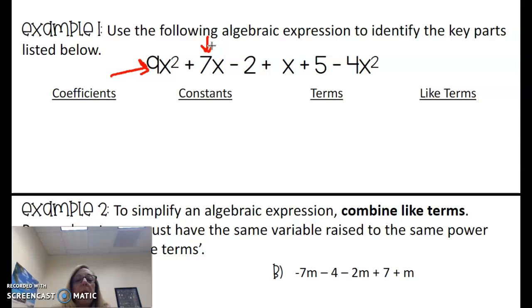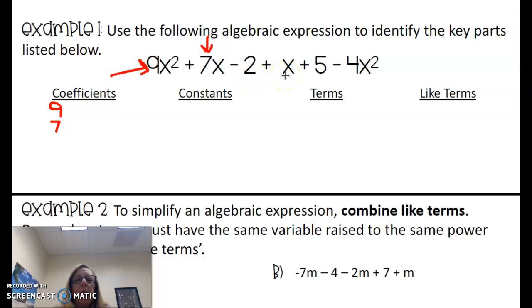Remember, it is right in front of the variable. So I just pointed to 2 of them. So let's go ahead and write down what those coefficients are. We have a coefficient of 9, which is in front of the x squared. We have a coefficient of 7, which is in front of the x. This -2 doesn't have a variable, so that is not a coefficient.